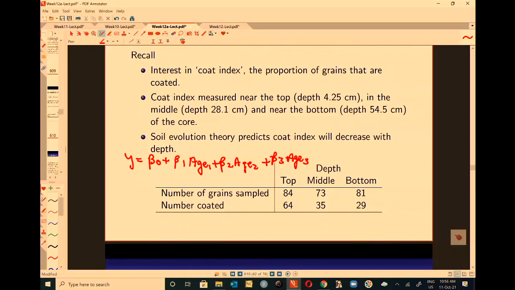Now, in this case, if any of the beta 1, 2, 3 are significant, then age stays in the model, otherwise it drops out of the model. So if I compare the full model in this case with the restricted model, then my other model is going to be that y is equal to beta naught. All the age terms drop off. In this case, I've got 3 beta terms I'm dropping between those two models, not just one.